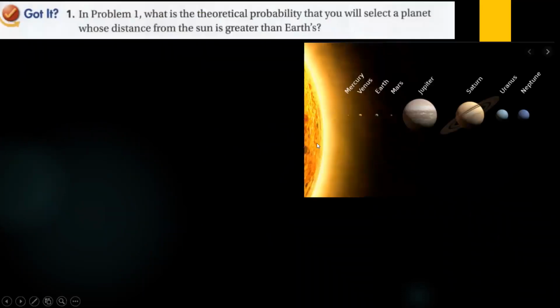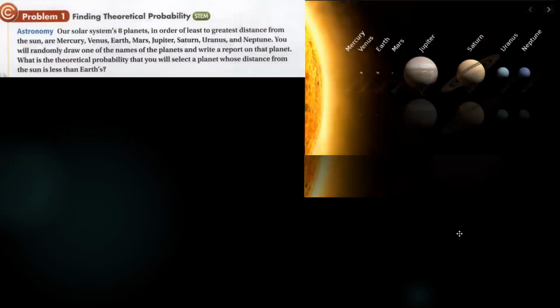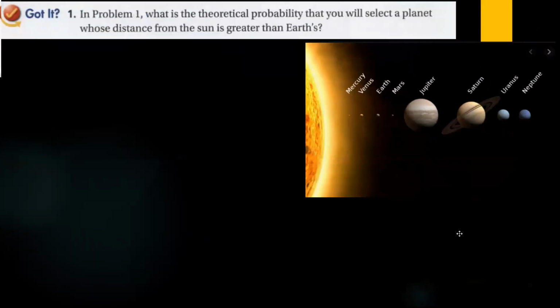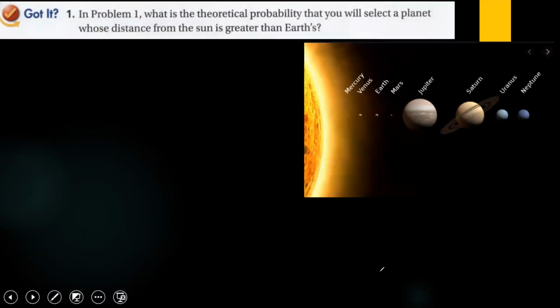Here, what is the theoretical probability that you will select a planet whose distance from the sun is greater than the Earth? Now, you want greater than the Earth.